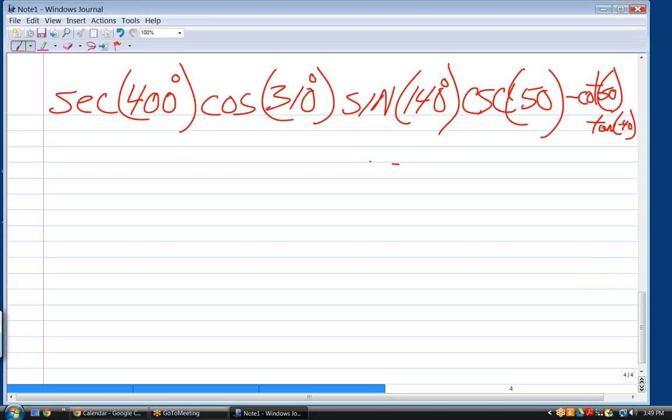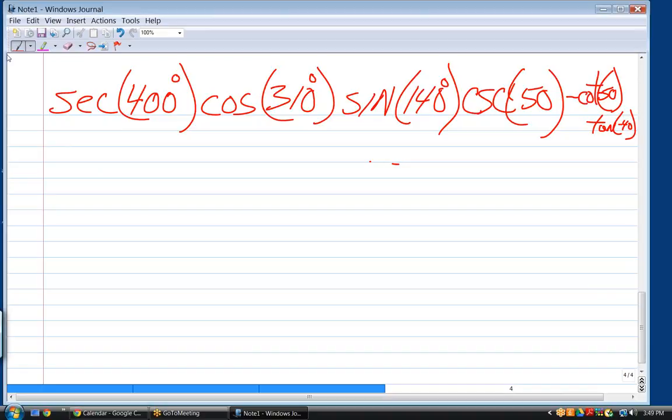Now the first thing we're going to want to try to do here is turn everything into the same angle. It's awful hard to work with these when we have 3 different angles. So what can we do here? What's the equivalent of secant of 400? Start with the fact that 400 is outside the unit circle.